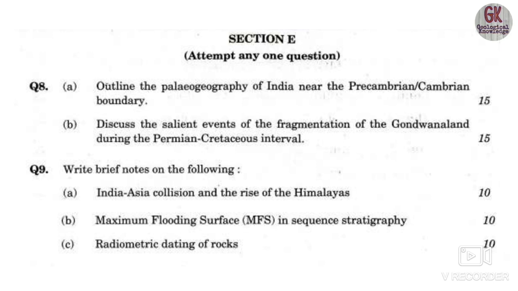Question number 9, write brief notes on the following: India-Asia collision and the rise of the Himalayas, maximum flooding surface in sequence stratigraphy, and radiometric dating of rocks. So we have to discuss that.